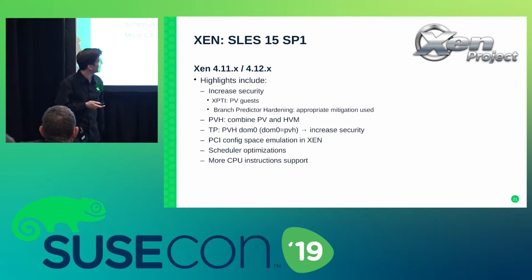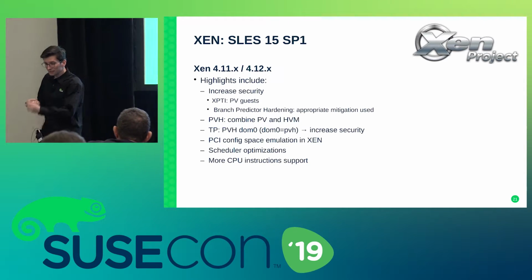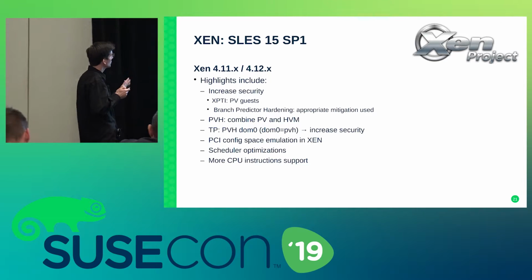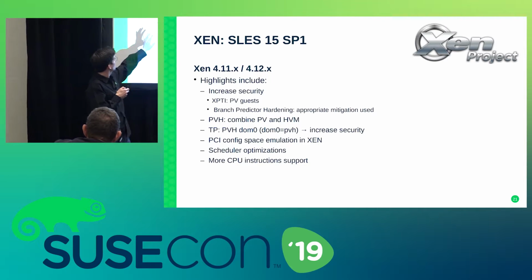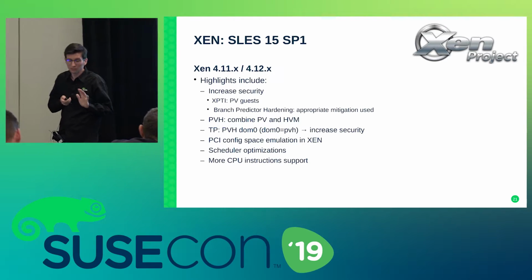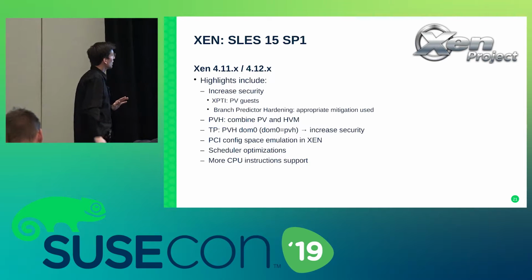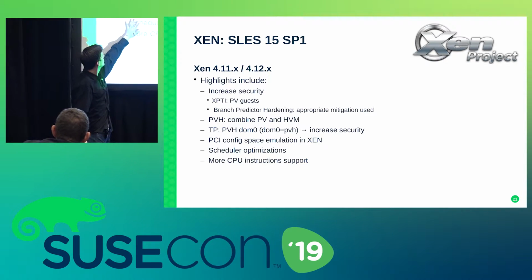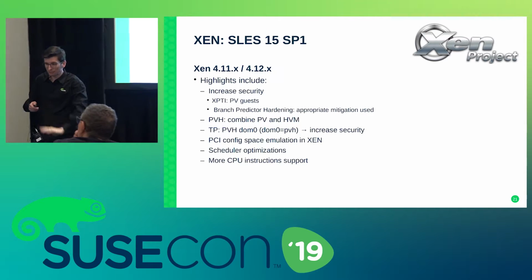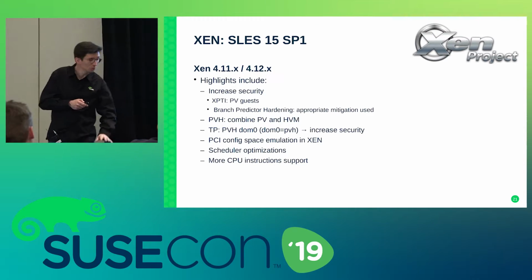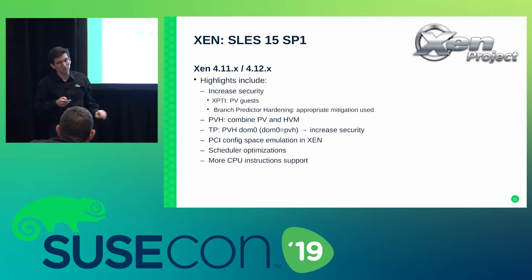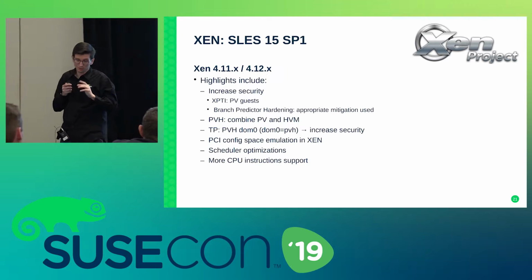PCI config space emulation in Xen means that you don't have to deal with the kernel, but the hypervisor will deal with everything dealing with PCI configuration. So you don't need anymore to do qemu stuff and deal with device model exposition using qemu, for everything like FV. But Xen will do the stuff. And that's again something for the security.